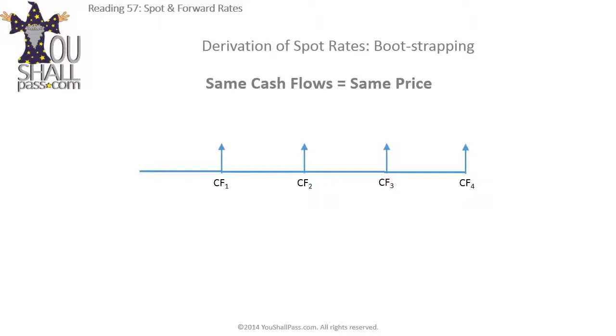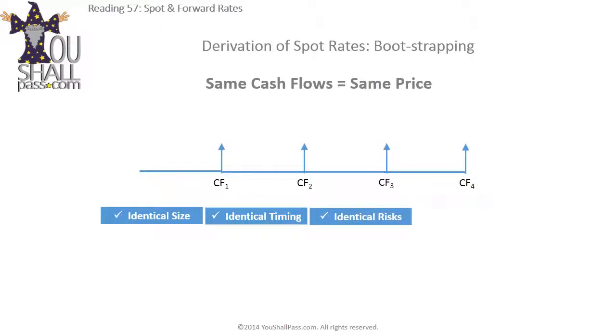So regardless of whether we consider them bond coupons or individual zero coupon bonds, regardless of how many interest rates we use to value them, these cash flows have identical size, identical timing, identical risk. They are the same cash flows. So logic demands that they have identical prices also.